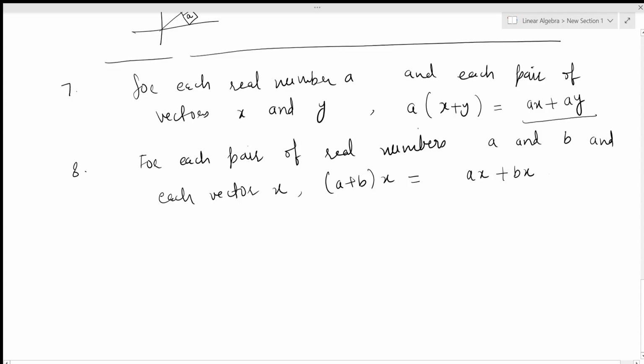So these two are the distributive properties: scalar over vectors, and here two scalars and one vector. So these are the 8 properties which a vector must satisfy.